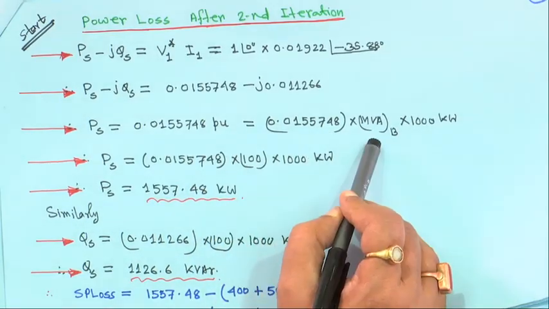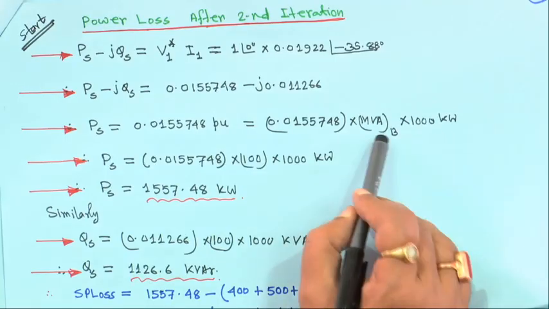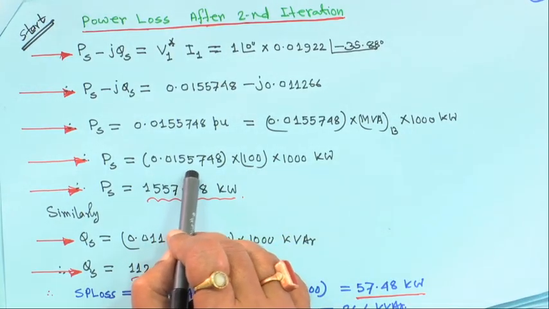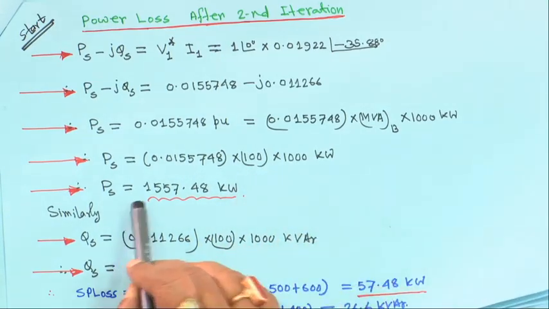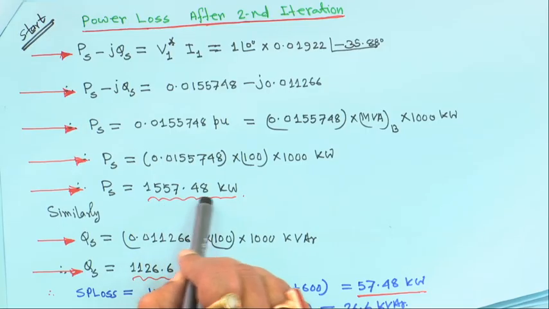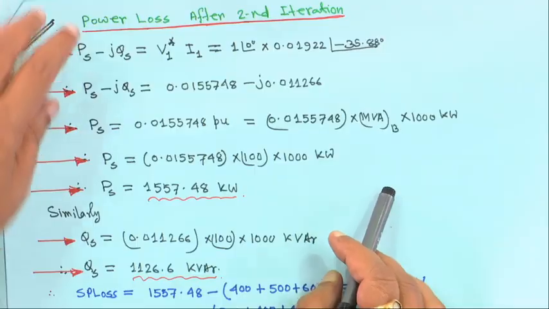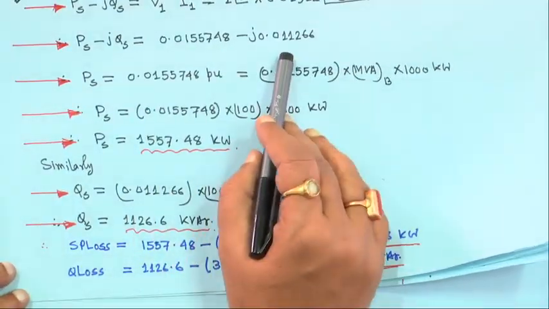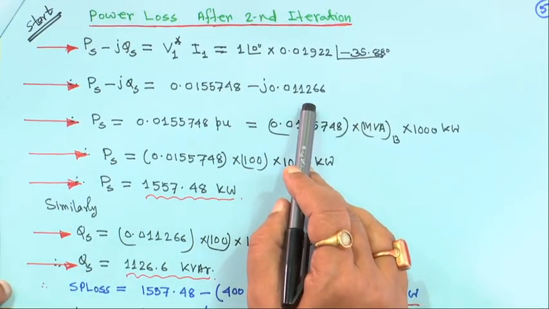So PS, the real part of this, is 0.0155748 per unit, multiplied by MVA base into 1000 kilowatt, just as I showed you, and MVA base is 100. So PS is equal to 0.0155748 into 100 into 1000 kilowatt, that is the total input real power to the substation, 1557.48 kilowatt. Similarly, QS is minus the imaginary part of this one.